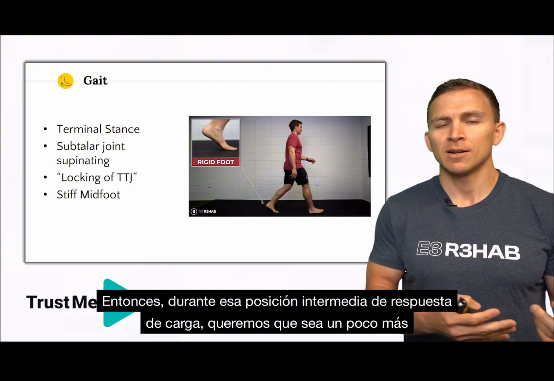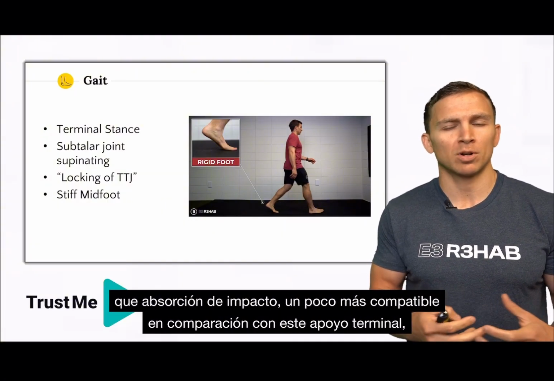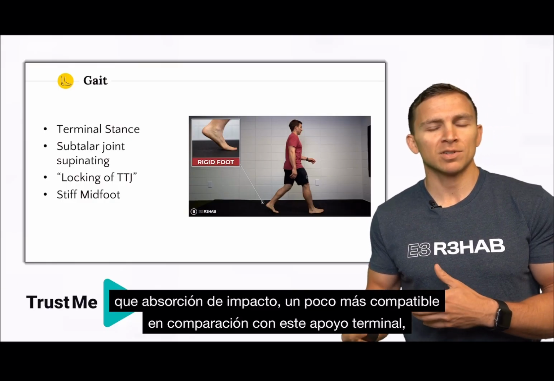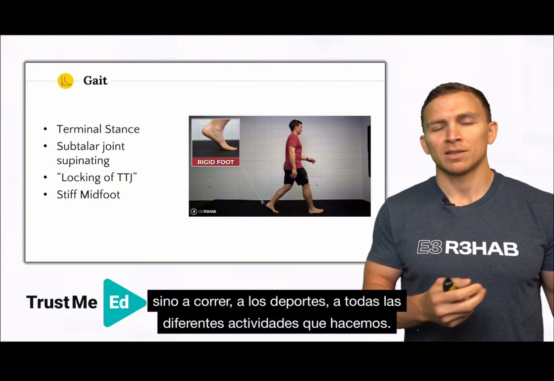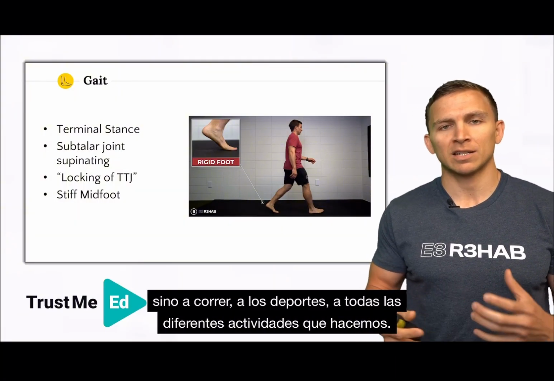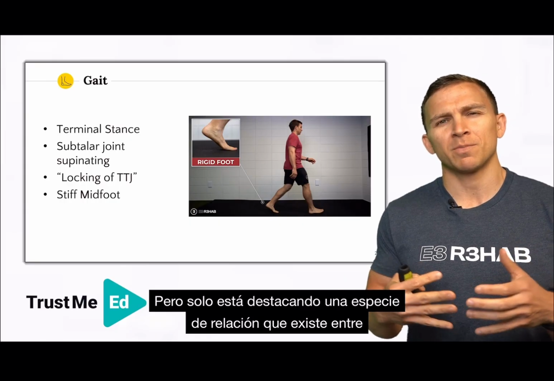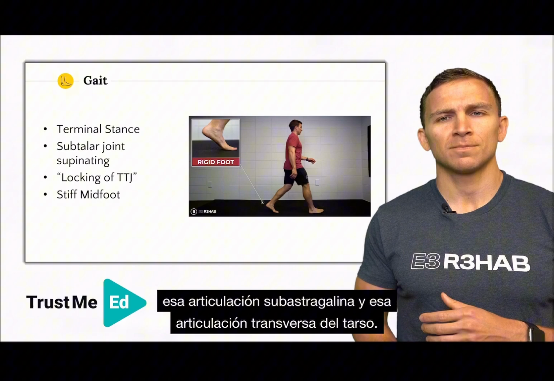So during that loading response, mid-stance, we want it to be a little bit more of a shock absorber, a little bit more compliant, versus this terminal stance, we want it to be stiffer. And this applies not only to gait, but to running and to sports and to all different activities that we do. But it's just highlighting kind of that relationship there between that subtalar joint and that transverse tarsal joint.